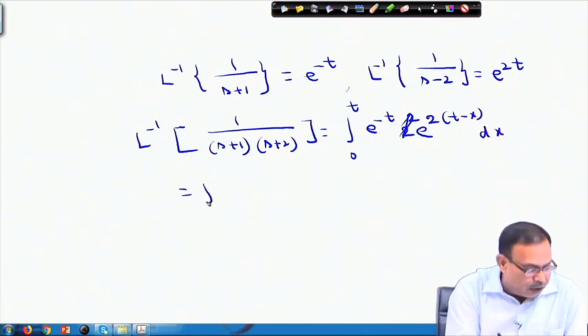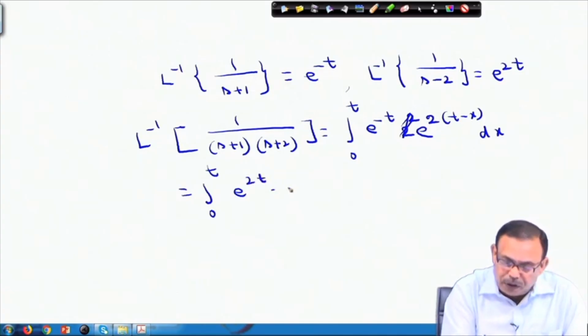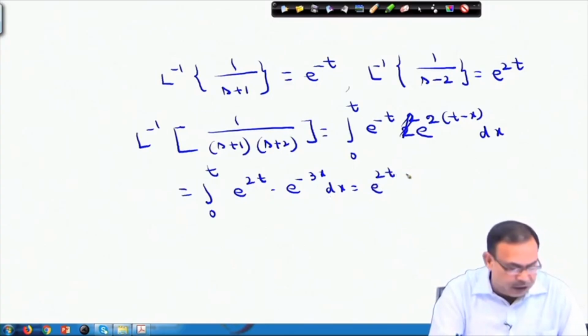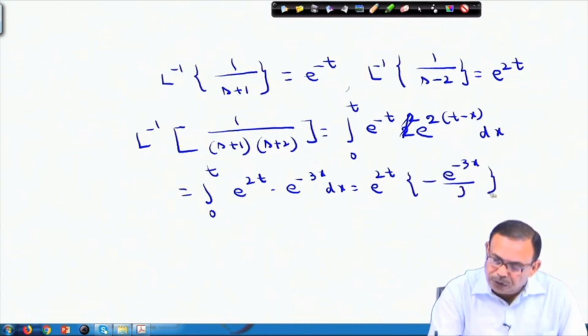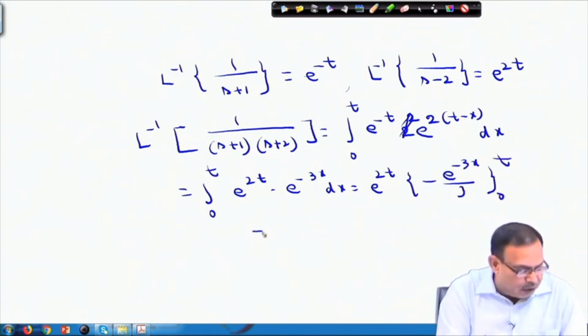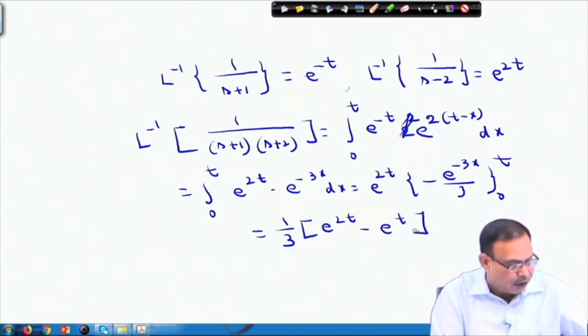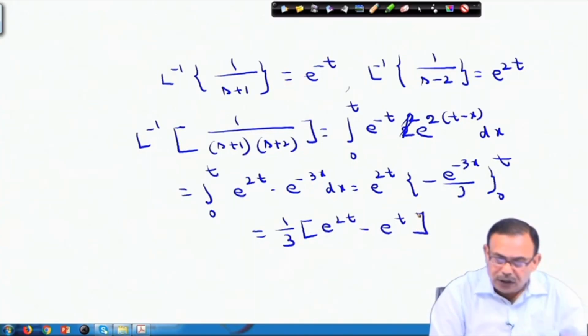So this equals integral 0 to t e power 2t into e power minus 3x dx. So e power 2t will simply come outside, the integral of e power minus 3x will become minus e power minus 3x by 3 from 0 to t. So your result will ultimately become 1 by 3 into e power 2t minus e power t. You will obtain the value as this one.